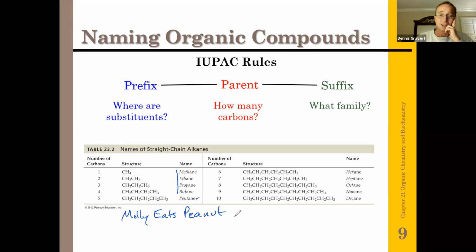Or Mark eats peanut butter, or Mabel eats peanut butter. And then now you got the M, the E, the P, and the B: methane, ethane, propane, butane. And in fact, butane actually sounds like butter, B-U-T, that's kind of nice. And after that, it's the normal prefixes that hopefully you still remember from nomenclature, naming molecules from before.